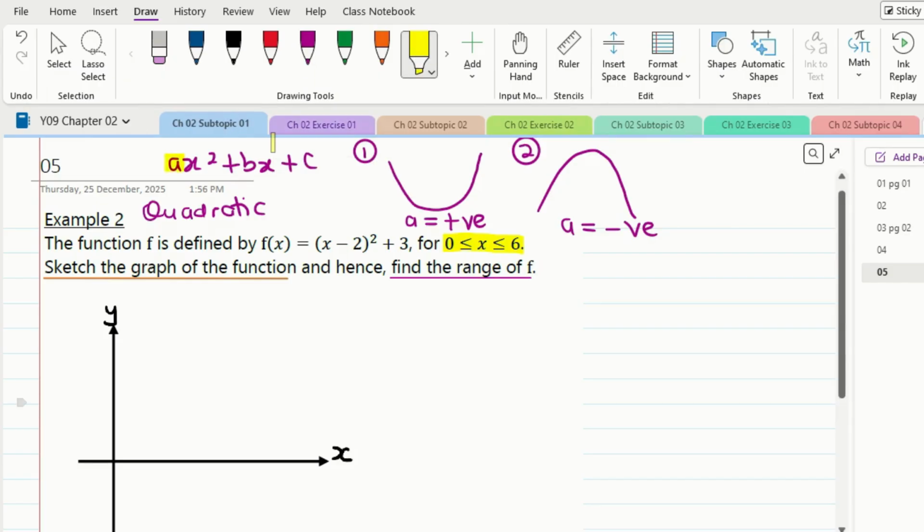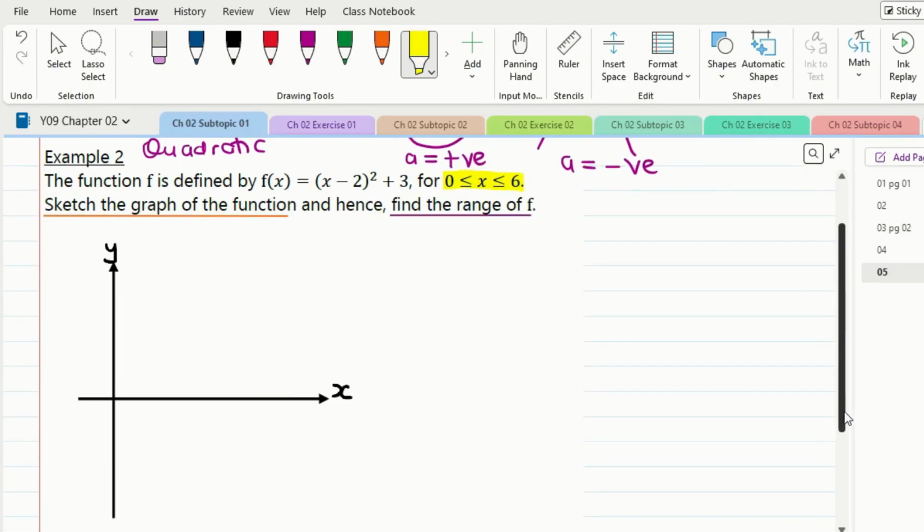In this example, it is going to be positive x squared, so you will get something like number 1. I usually remember the graph for number 1 or number 2 as a smiley face and a sad face. So let's start with sketching of the graph.